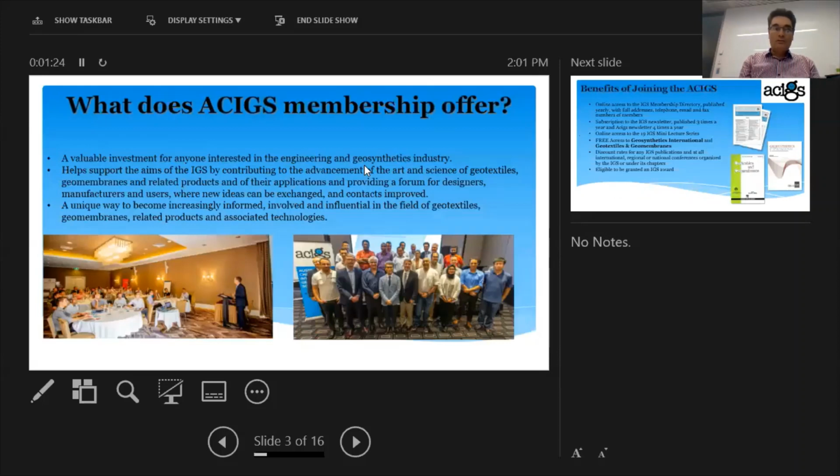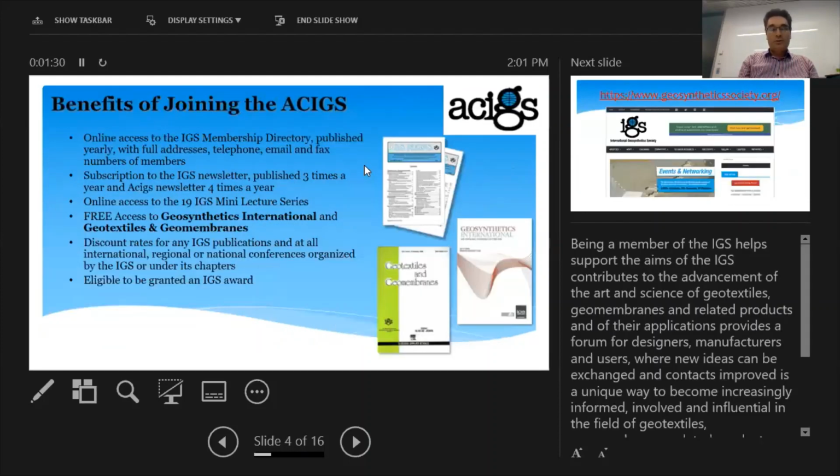We also talked about some of the benefits of being a member of ACIGS, and as part of those membership benefits, you get free access to two journals. One is Geosynthetics International, and the other one is Geotextiles and Geomembranes.